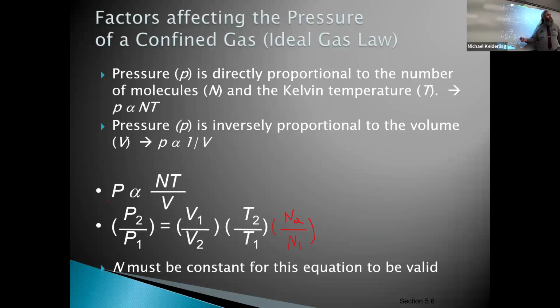All the problems you will have to do will have N constant, but in the more general form, you can add N as just another term here. If N is constant, this goes to 1. If something is constant in this, its term goes to 1, because something divided by itself is just one.